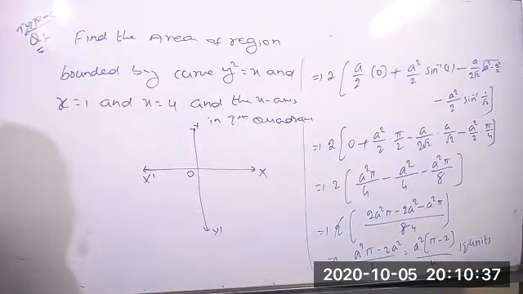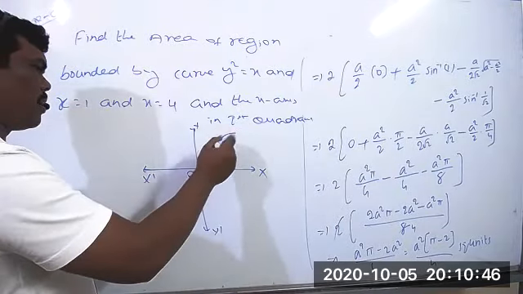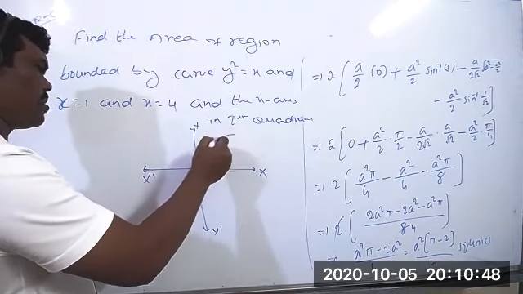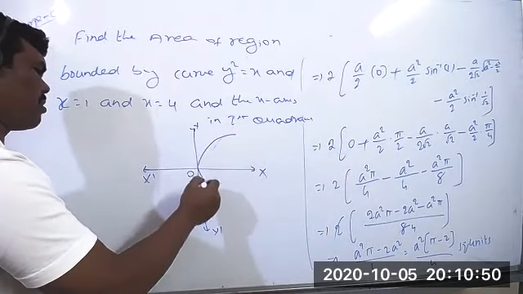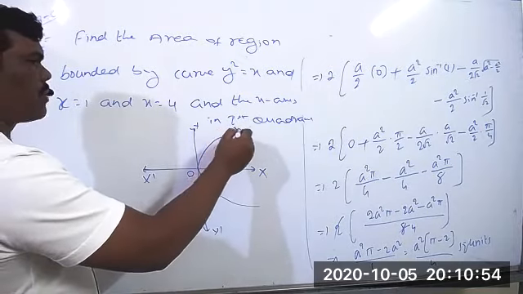So y square equal to x means the parabola is on the right side of the x-axis, along the positive x-axis. You can write y square equal to x.